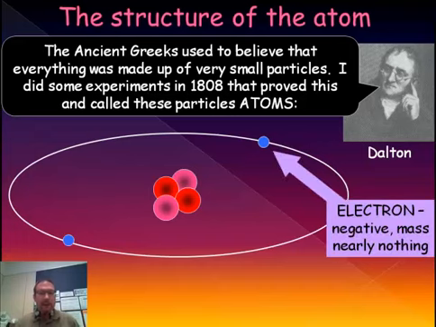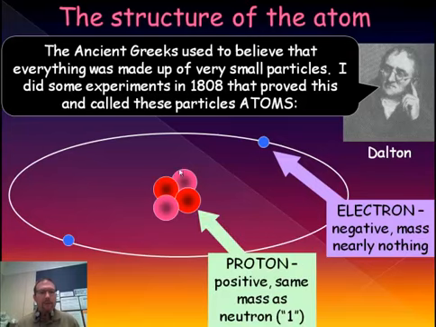Now, Dalton didn't exactly know all the bits and pieces of atoms. We now know, thanks to several experiments that we're going to be talking about, all the stuff that we see right here. You can see that in our modern picture of the atom, you've got tiny electrons which have a negative charge and very tiny mass, orbiting a nucleus. And in the nucleus you've got two kinds of particles.